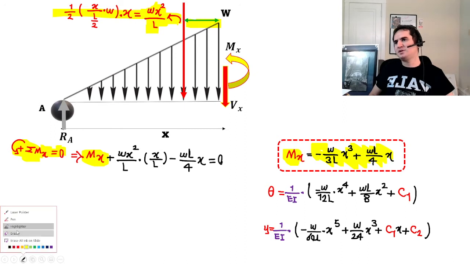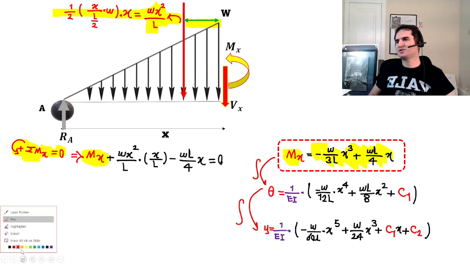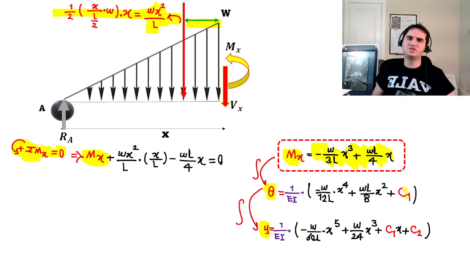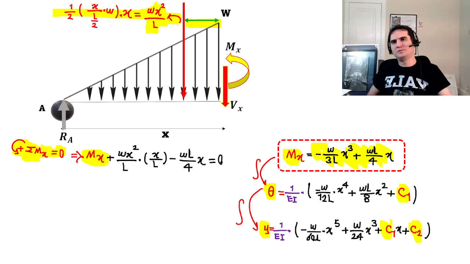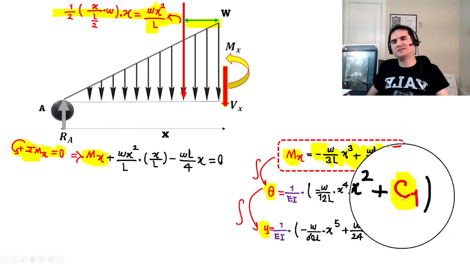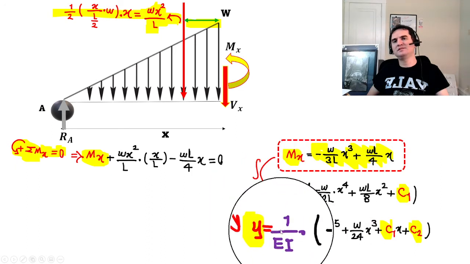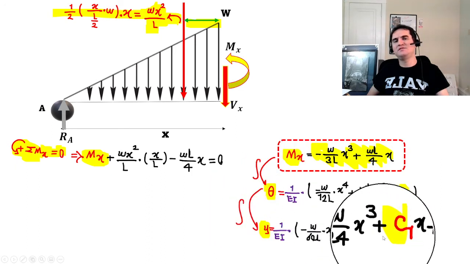The first integration of the moment gives you theta, and the second integration gives you the deflection equation. With each integration a constant appears, and for each constant we need a boundary condition. So the equation from moment to theta has the first constant C1, and integrating once more gives you delta, with C1 plus C2.